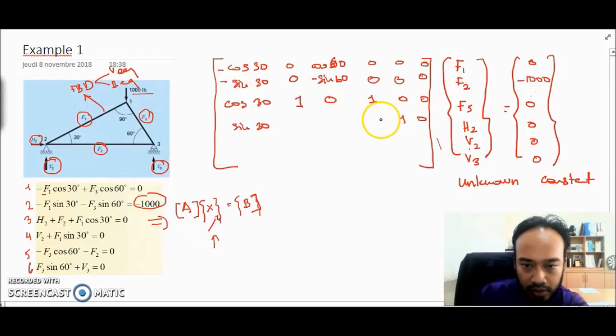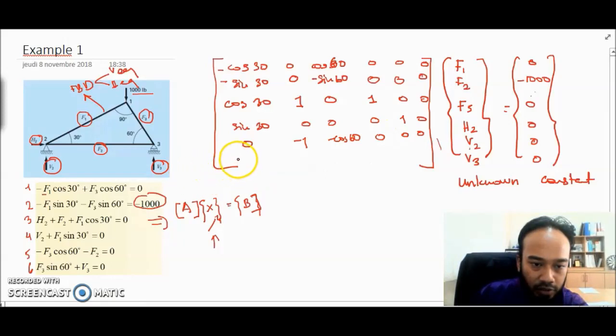So the rest are 0. Fifth line, there is minus cosine 60 F3 and minus F2. So F3 and F2. F1, there's nothing. F2, there is minus 1. F3, there is minus cosine 60. And the rest are 0.